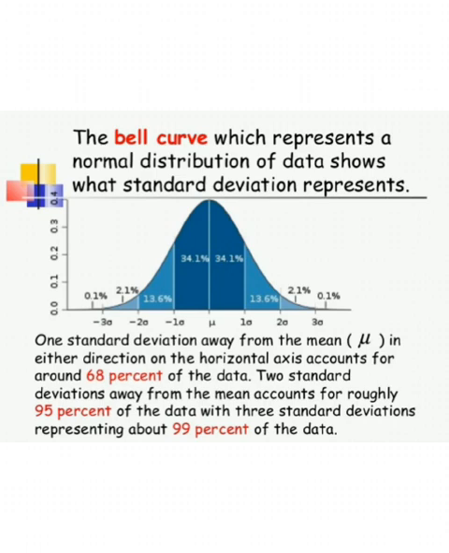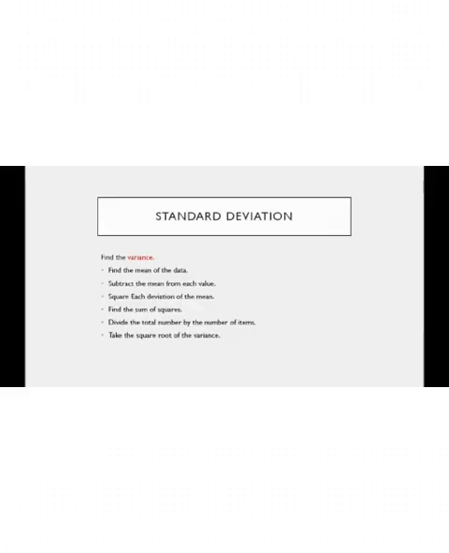As we can clearly see in the diagram, one standard deviation away from the mean in either direction on the horizontal axis accounts for around 68% of data. Two standard deviations away from the mean account for roughly 95% of the data, with three standard deviations representing about 99% of the data.